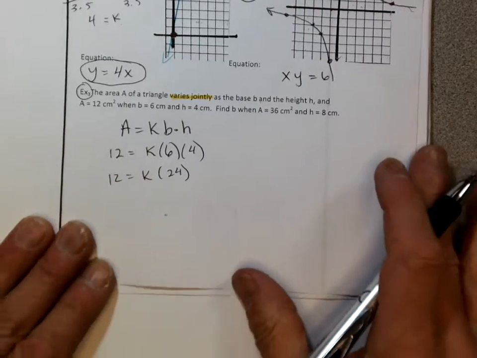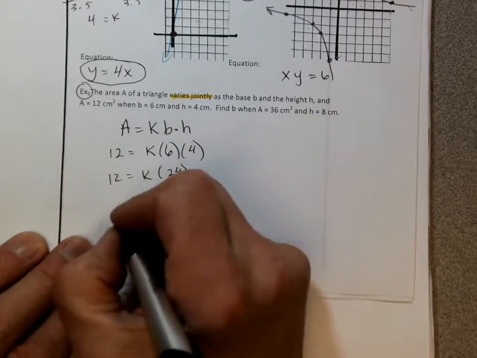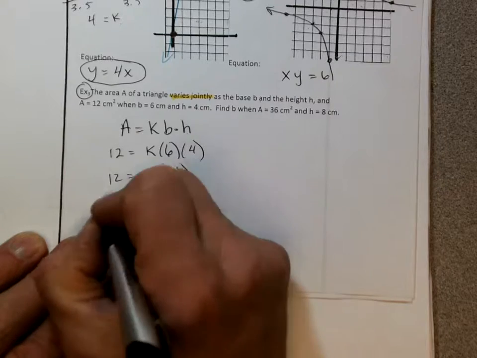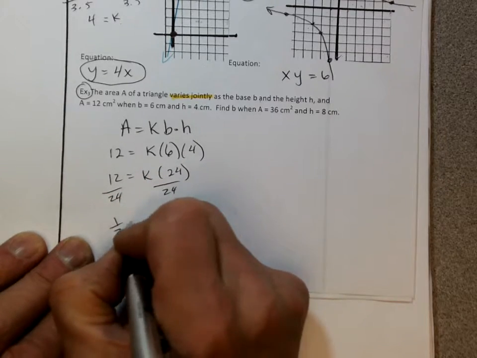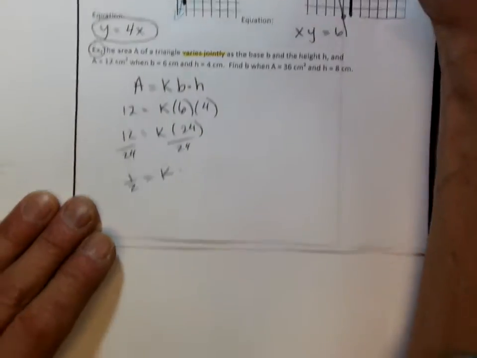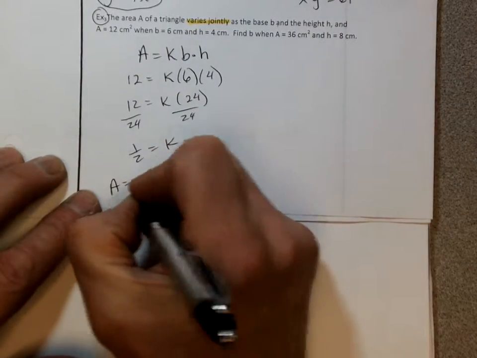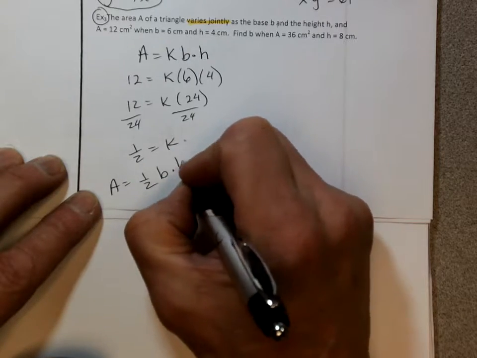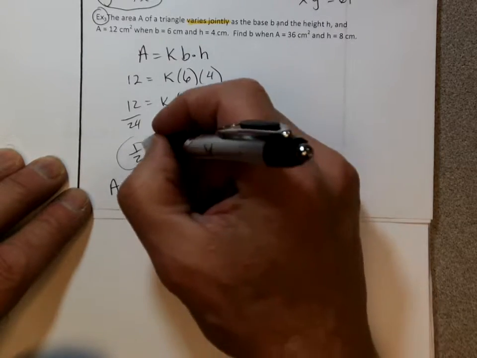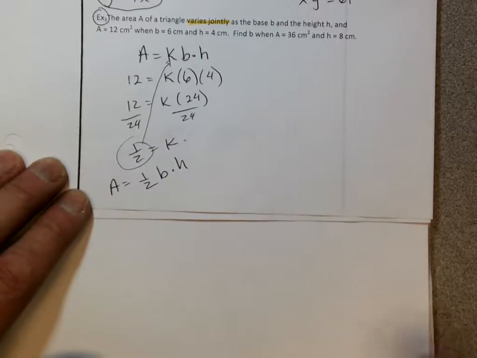I'll divide by 24 and get 0.5 or 1/2, and sure enough, we already knew that because we knew how to find the area of the triangle. The area is 1/2 base times height, because I took my 1/2 and put it right there, even though I already knew the answer.